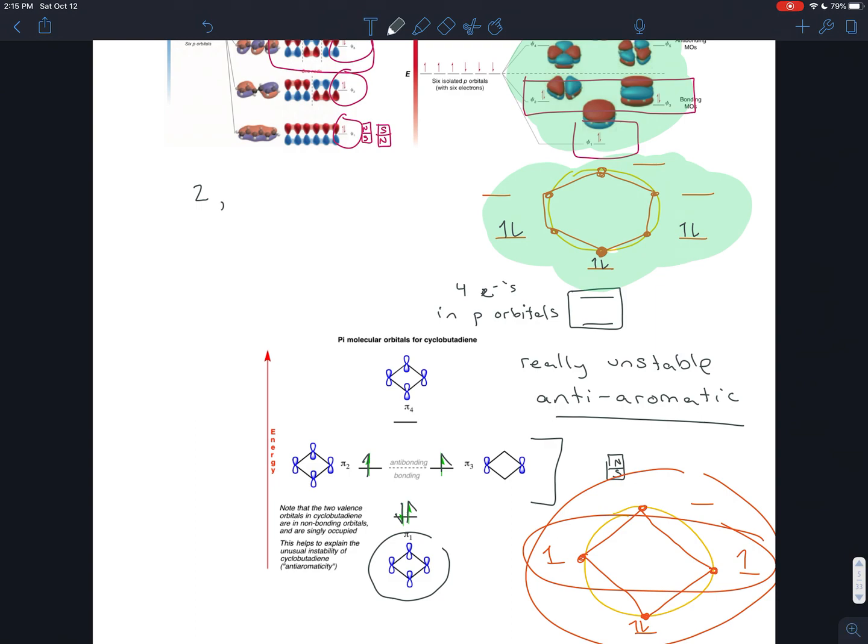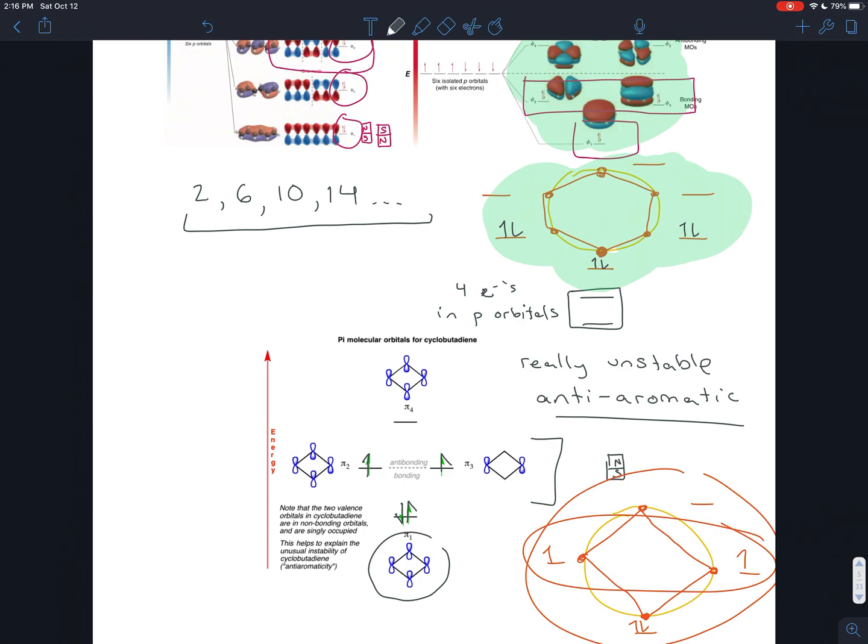The next ring that would be aromatic would have 6 pi electrons, like benzene. The next ring that would be aromatic would have 10 pi electrons. The next one would have 14, sorry about that, 14. You'd notice that, and this is the pattern that you'd be looking at.